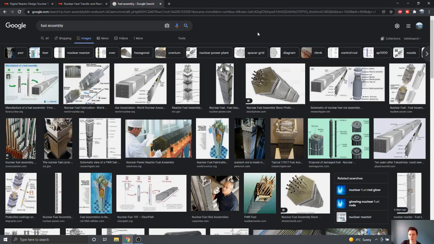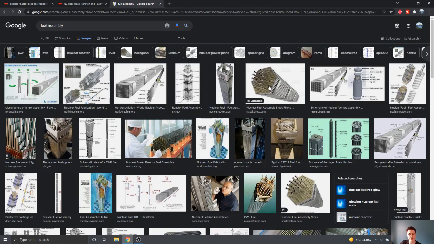These are probably the most popular shapes. This is the assembly of all the fuel rods, and the fuel rods are kept packed together by spacer grids and various supporting structures to keep those rods at an equal distance along the length of the fuel assembly. And this fuel assembly may be a meter or 2 in length.